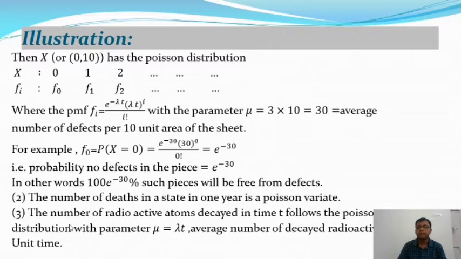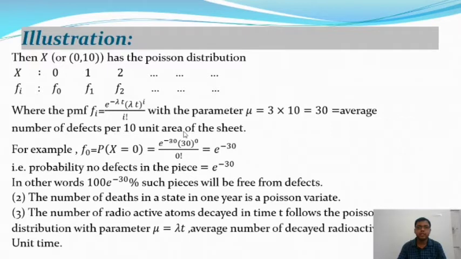So in that case we can use the Poisson distribution, where the probability mass function is e to the power minus lambda t into (lambda t) to the power i by factorial i, or e to the power minus mu into mu to the power i by factorial i, where mu is equal to lambda into t. Capital X_t is a random variate and it lies in the interval 0, t.